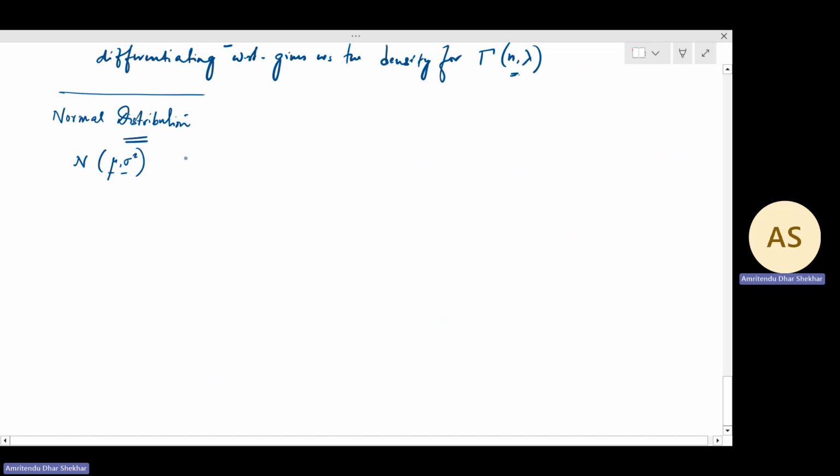The density function is defined as f of x equal to 1 by root 2 pi sigma, e to the power minus (x minus mu) squared by 2 sigma squared.